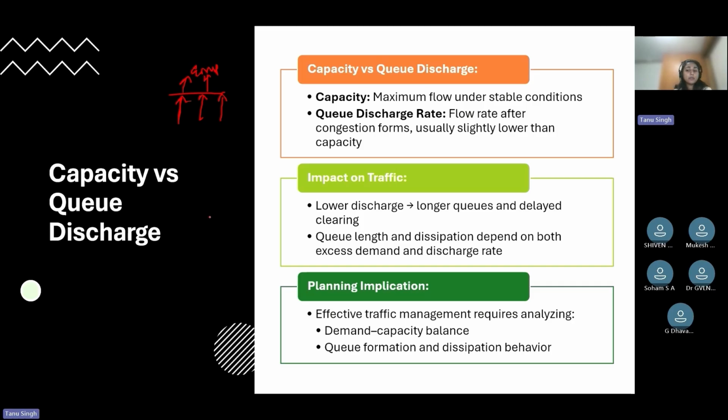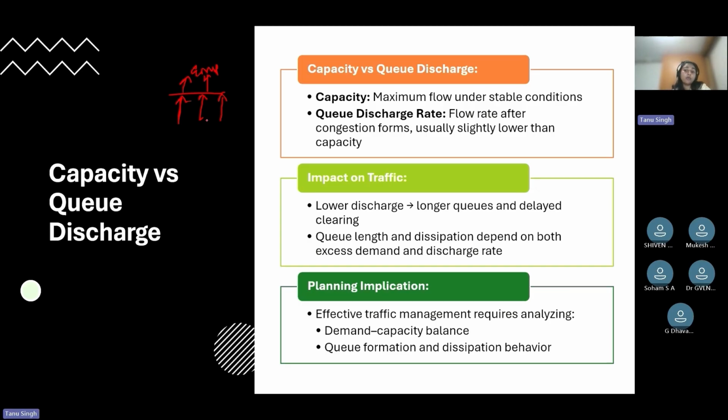Now, for traffic management and planning, we need to account for both the demand and capacity balance and the dynamics of queue formation and dissipation. We can't just balance demand and capacity. We need to find where the problem is, whether we need to remove the bottleneck or improve the dissipation rate, before analyzing different planning implications.